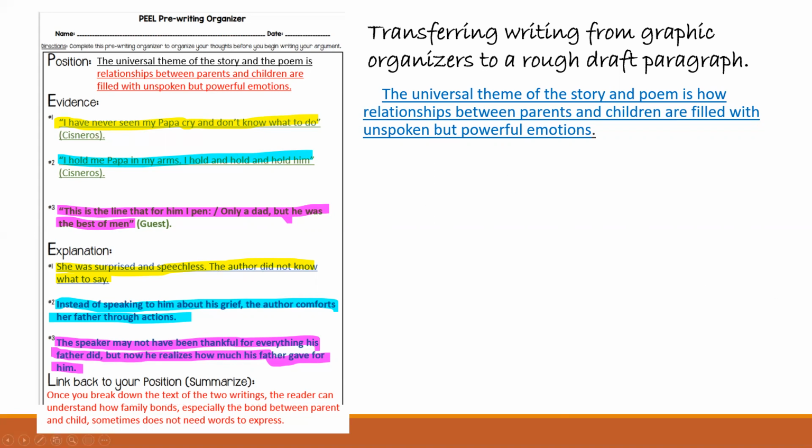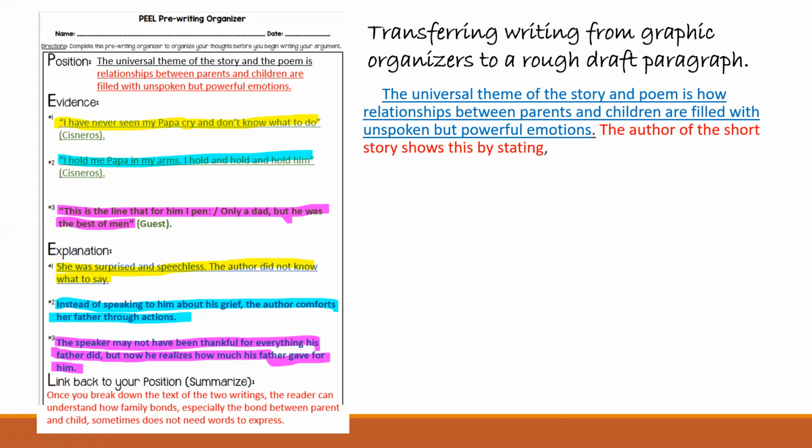You're going to have to put some kind of introductory phrase or transition phrase in there. The one I ended up using is "the author of the short story shows this by stating." Okay, so I'm introducing a quote. I am introducing my evidence. It prepares the reader: okay, here is our first fact.